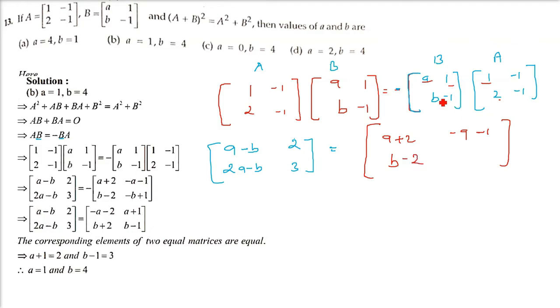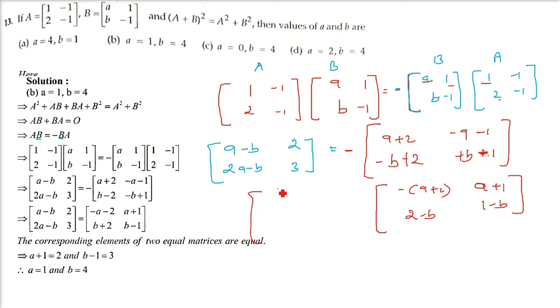Then we have B into minus 1 is minus B, and minus is plus 1. Okay, negative is outside, so you just have to multiply negative 1 inside. So minus A plus 2 it will be, this will be A plus 1, this will be 2 minus B, and you can write this as B minus 1. It is not 1 minus B, it is B minus 1. So A minus B, 2 minus A, 2, 3.